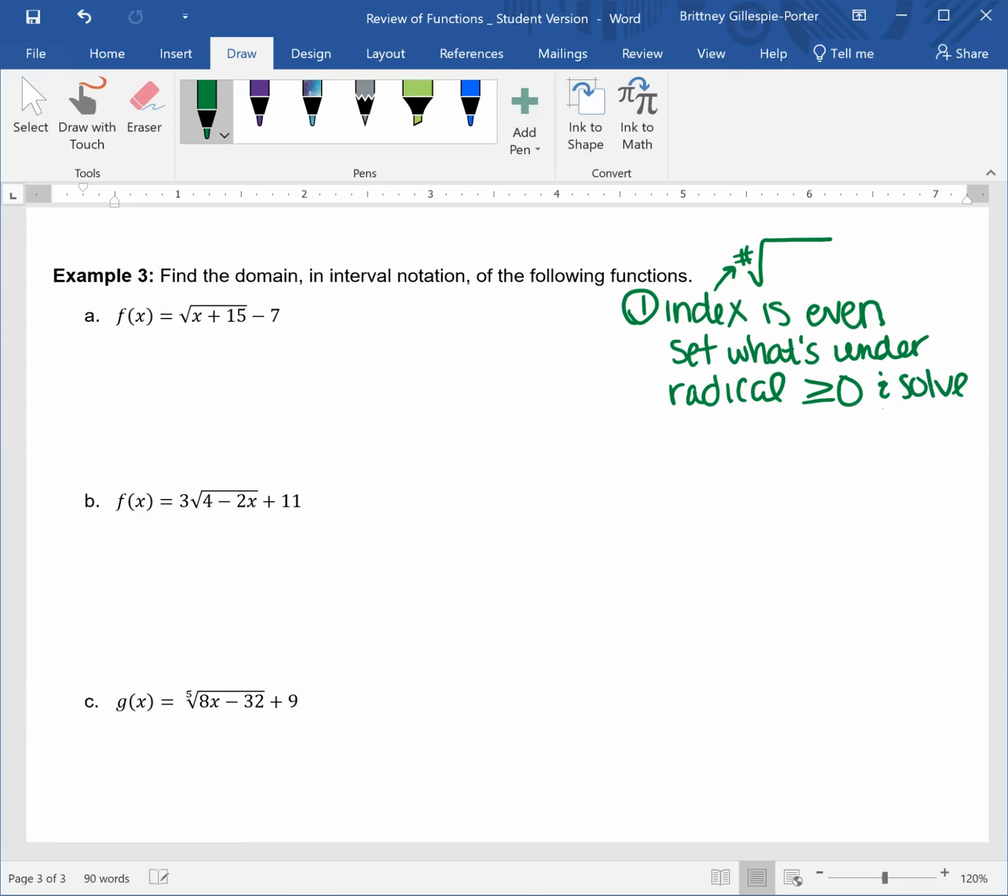And that's because with our domains, we are staying in the real numbers. So we're not going to do imaginaries in our domains.